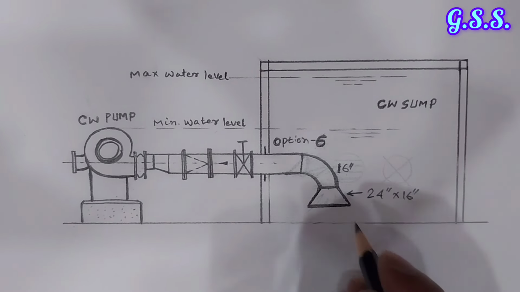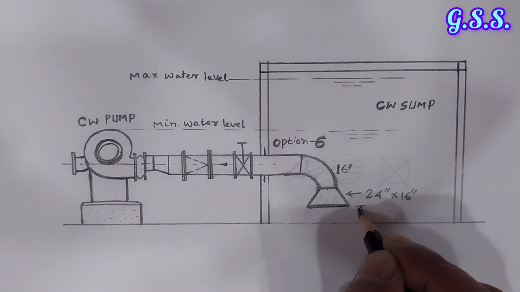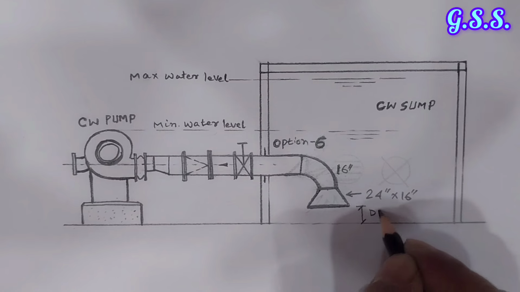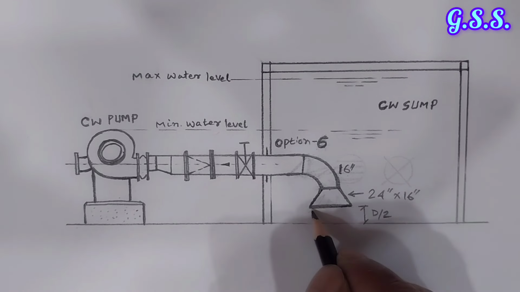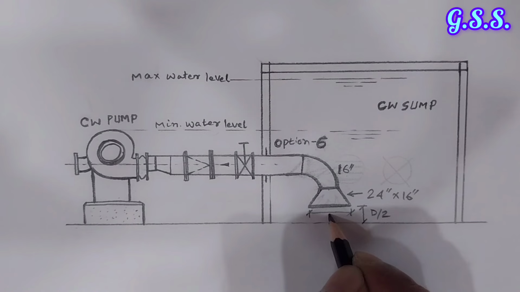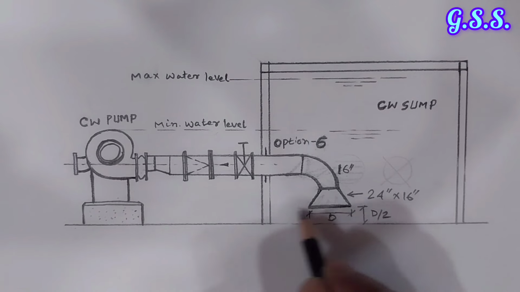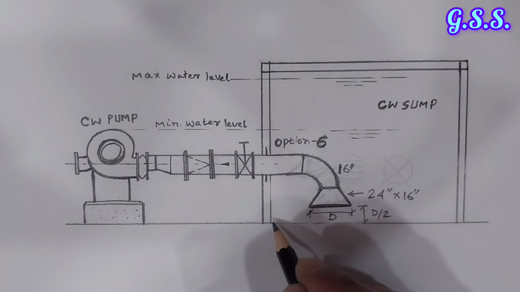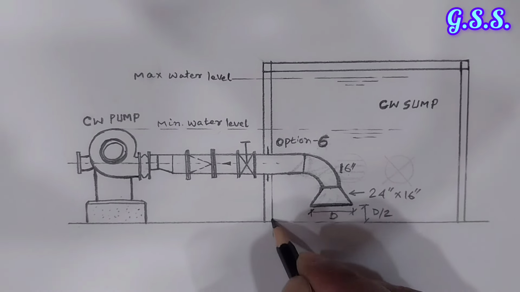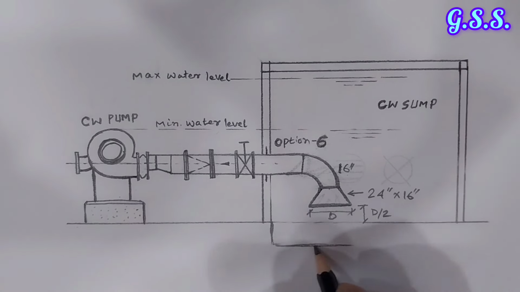But in this case, this height should be minimum D by 2. In this case, this is the D. So in this case, actually we may require some more depth like this.